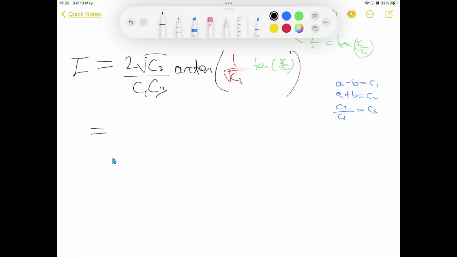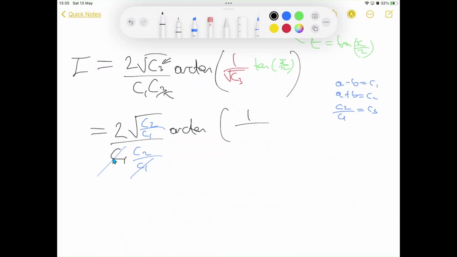Now, I'm going to rewrite the c3s in terms of c2 and c1. So this c3 becomes c2 over c1. The same thing happens to this c3. So c1, c2 over c1. And you notice the c1s cancel there. Very nice. Then we have the arctangent of 1 over root c3, which is root of c2 over c1, tangent of x over 2 still.